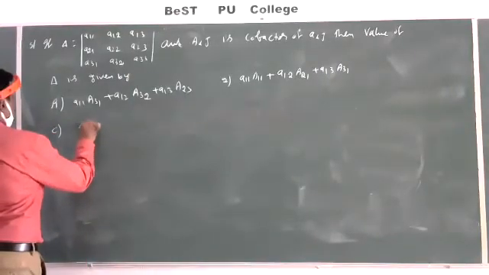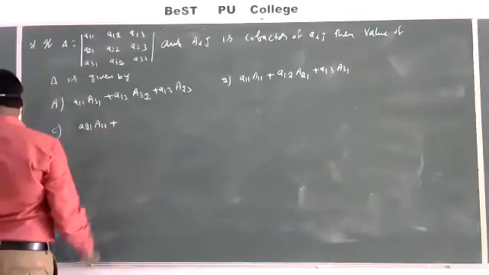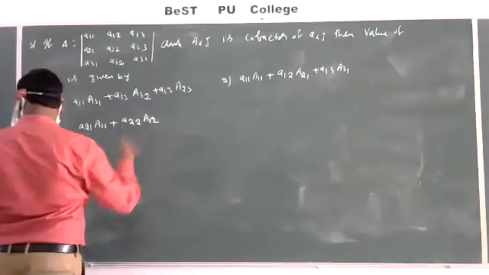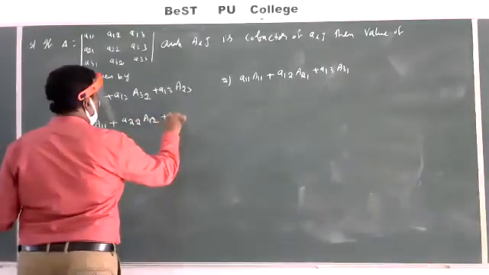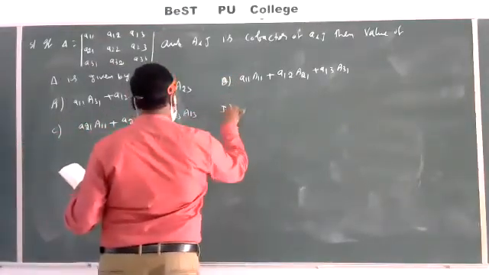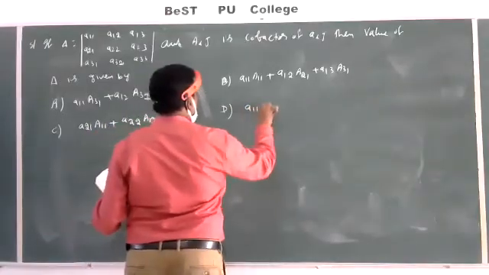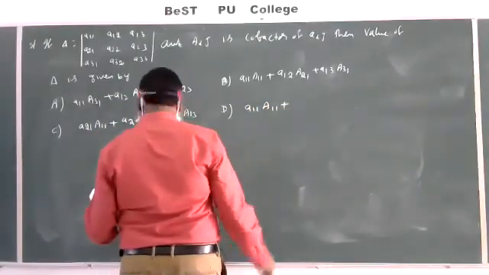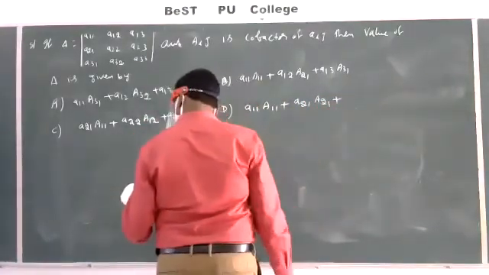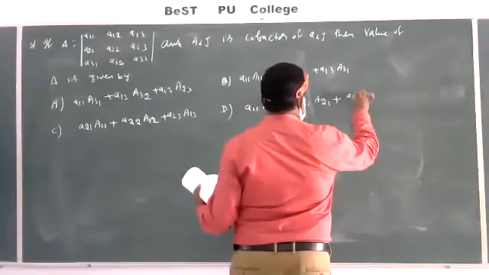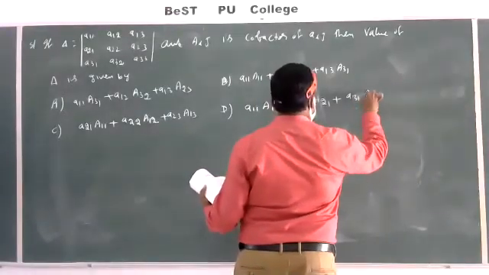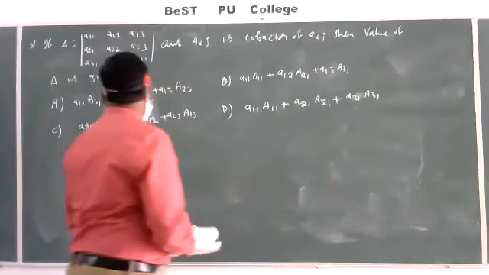Option C: A21 capital A11, A22 capital A12, A23 capital A13. Option D: A11 capital A11, A21 capital A21, A31 capital A31.